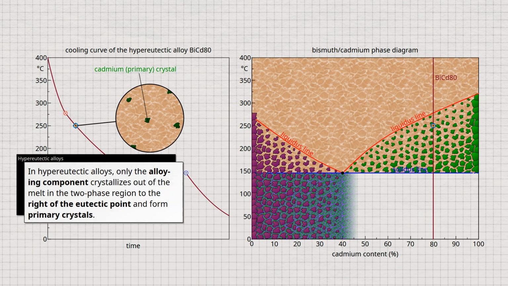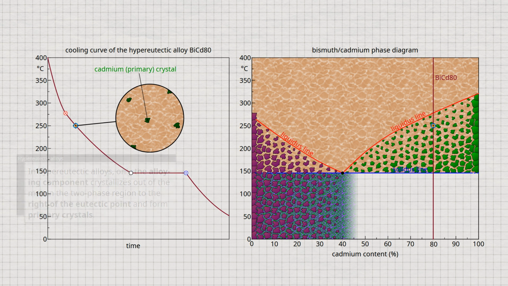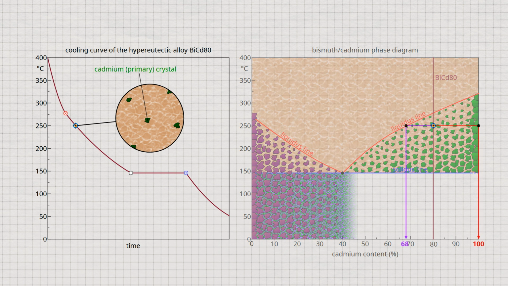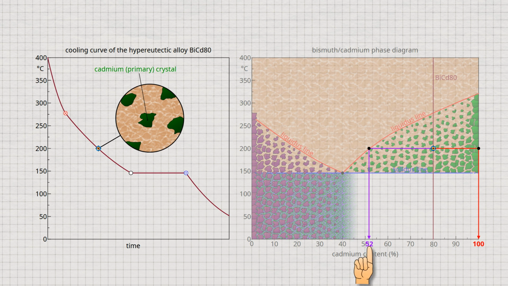So note, in hypereutectic alloys, only the alloying component crystallizes out of the melt in the two-phase region to the right of the eutectic point and forms primary crystals. As cadmium precipitates from the melt, the cadmium content in the melt decreases accordingly. This can again be illustrated by projecting the intersection with the liquidus line onto the concentration axis. For example, at 200 degrees Celsius the cadmium content in the melt has already dropped to 52%.